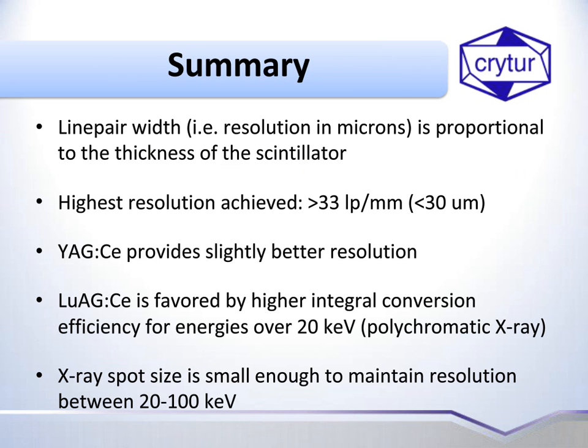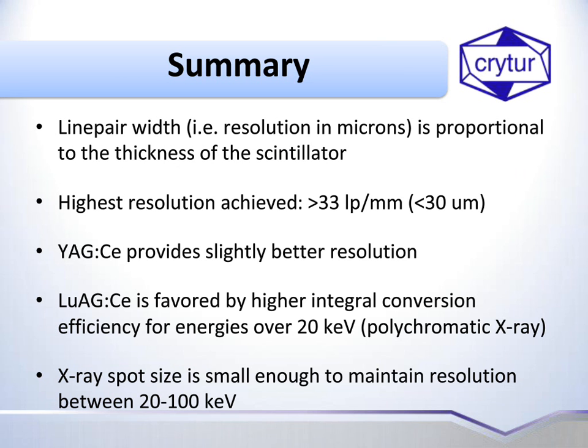First of all, what we measured with Zyla is that the line pair width in microns is proportional to the thickness of the scintillators. So if you have a scintillator of, let's say, 100 microns, you can expect a line pair width, the thickness of these two lines of the line pair, of about 100 microns with YAG or LuAG.